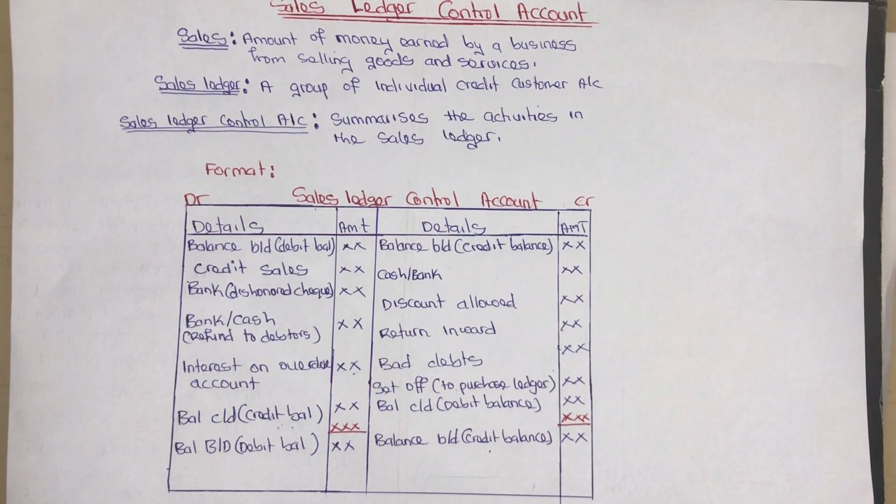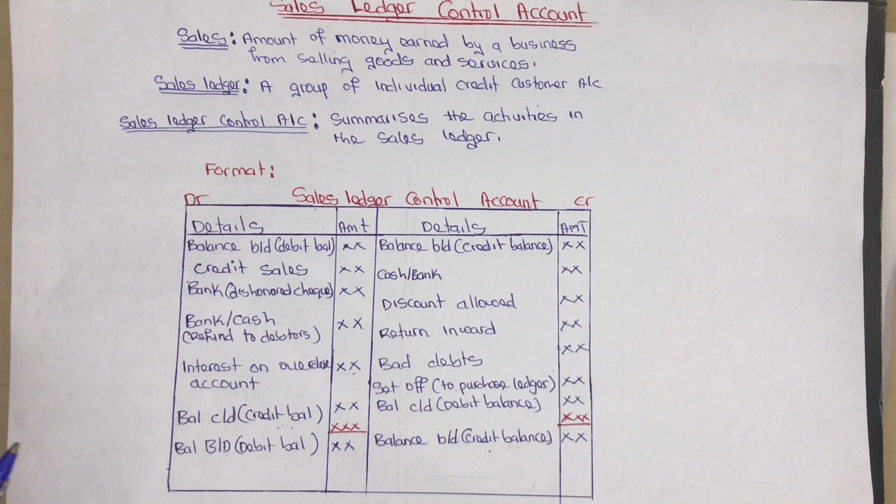The reason for the opening and closing credit balances in the sales ledger control account is that normally the trade receivable account, or the debtor account, shows a debit balance. This balance represents money owed by the trade receivables, or the debtors, to the business.